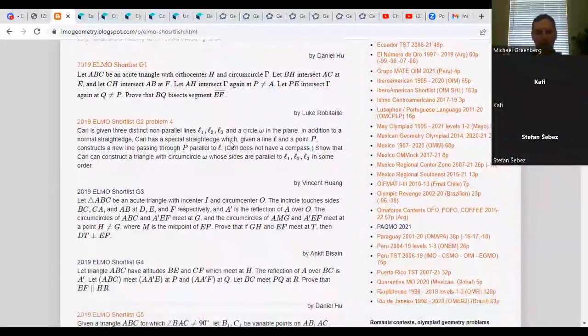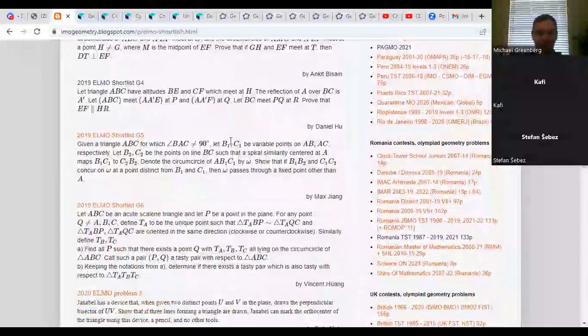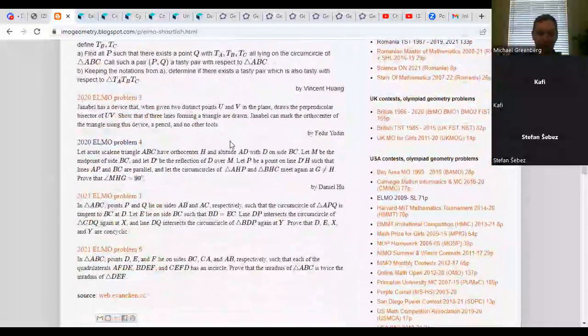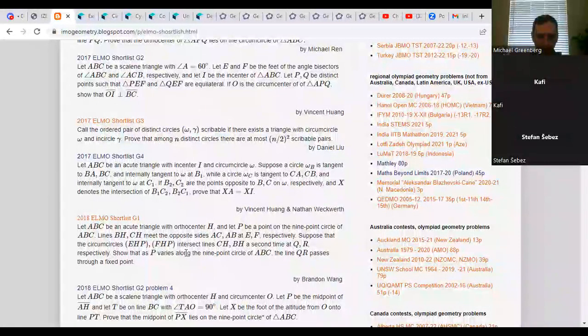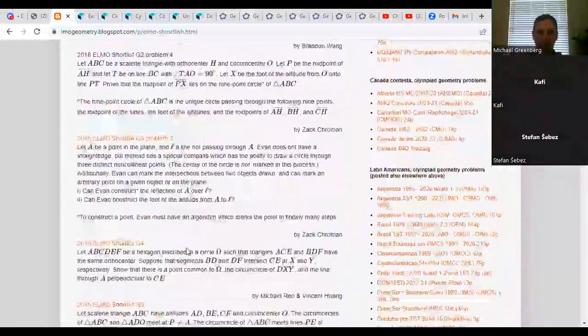That's it. Let's see. This one has a bunch of nine-point circles, on BH and CH. That one seems like a fixed point problem.